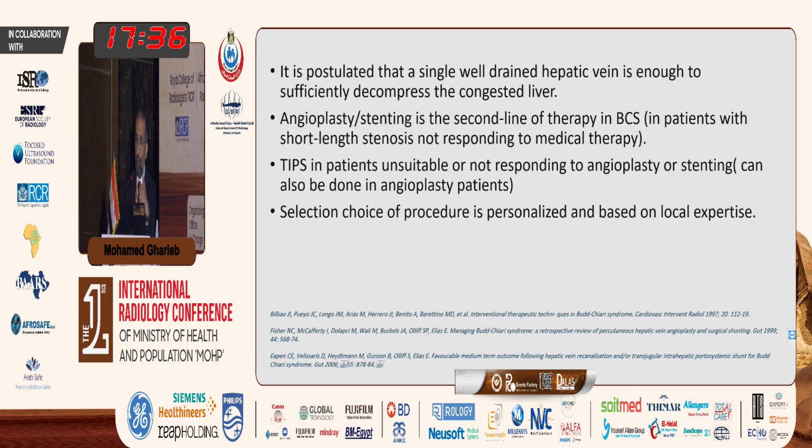If that failed or is not feasible, then we proceed to TIPS in patients with complete occlusion of hepatic veins. TIPS can even be done in patients who are candidates for angioplasty, but the guidelines recommend we start first with angioplasty, then TIPS.